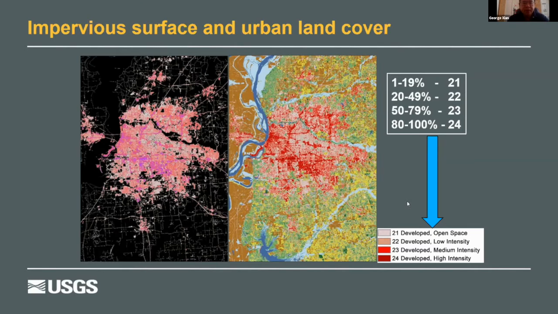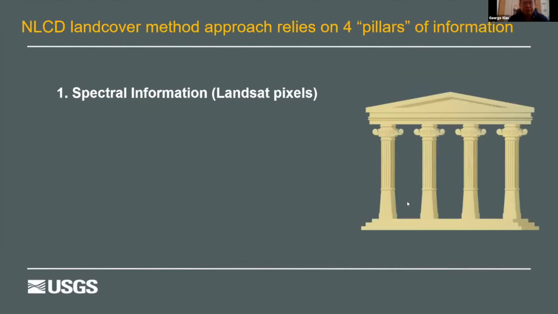In this way, we can measure the percent impervious and connect it to the semantic land cover, mainly focusing on urban area from NLCD.